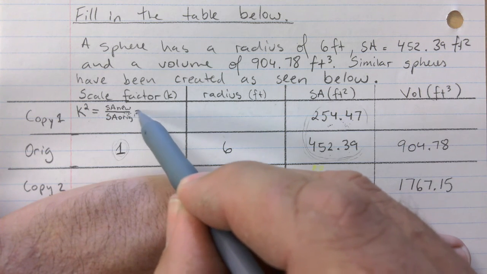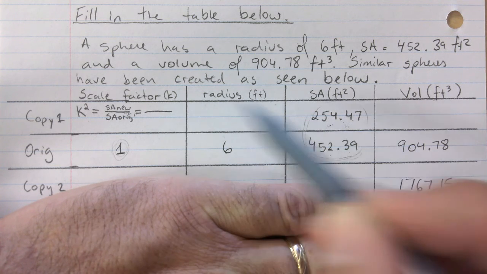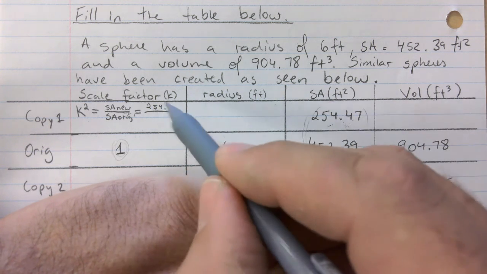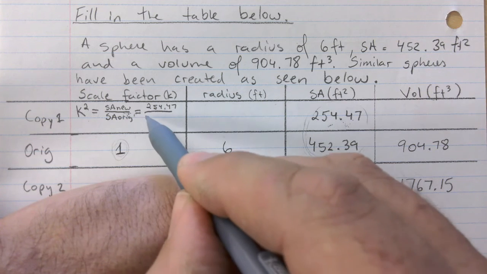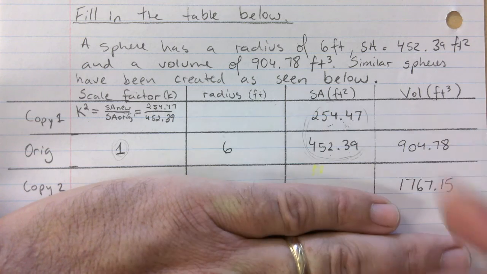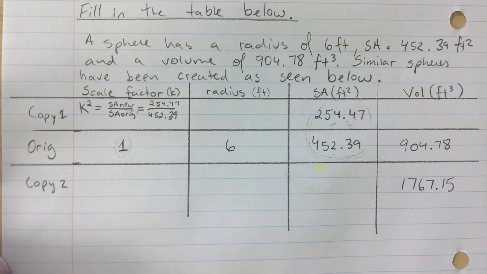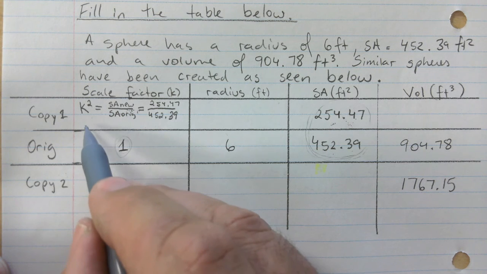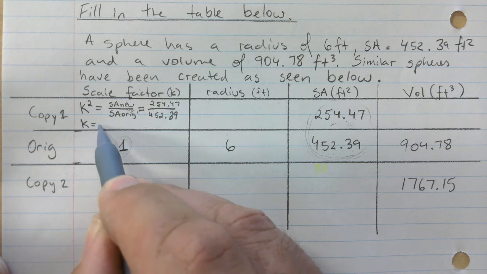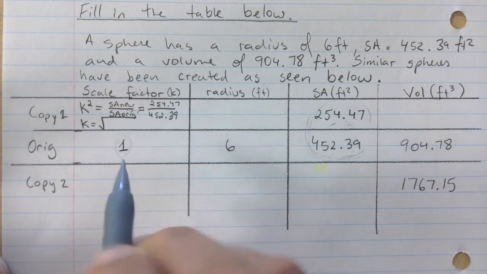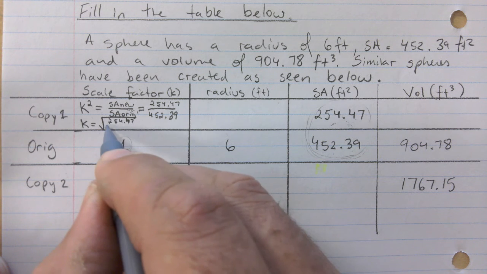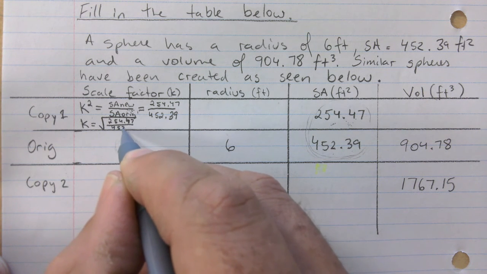So surface area of the new one is 254.47 divided by 452.39. And we're going to take the square root of that. K is the square root of, oh my goodness, should have left more room, 254.47 over 452.39.